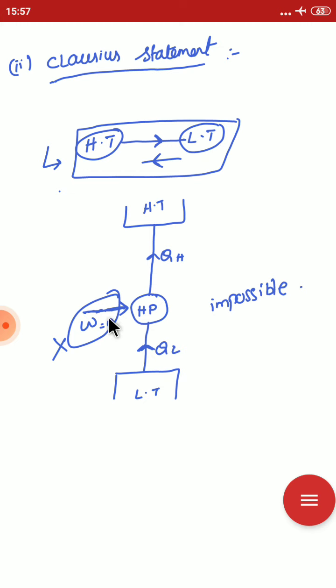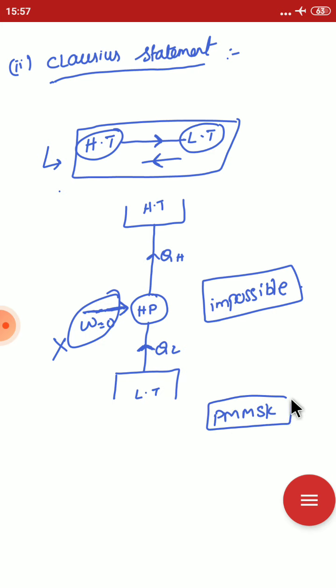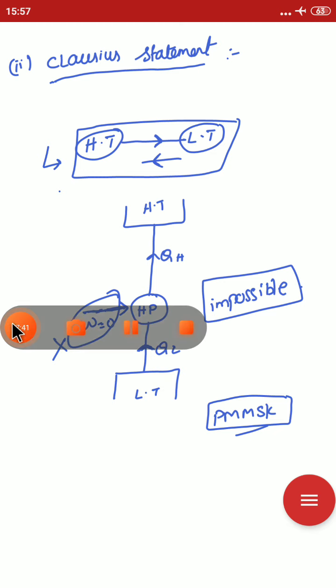With zero work, we cannot transfer the energy from the low temperature body to the high temperature body. Such a device existing is impossible. That would be a perpetual motion machine of the second kind. That is the Clausius statement.